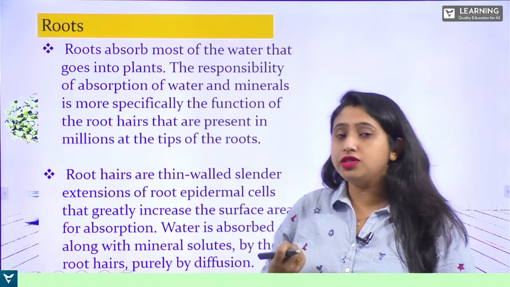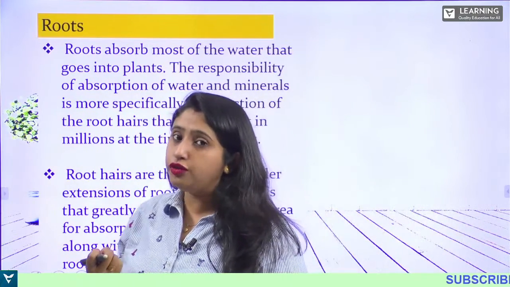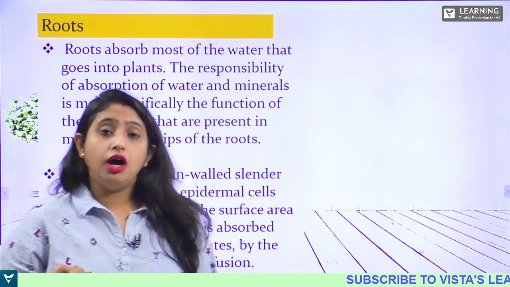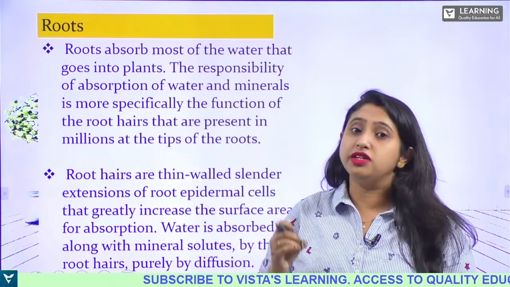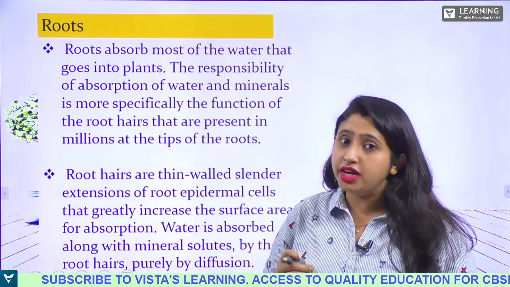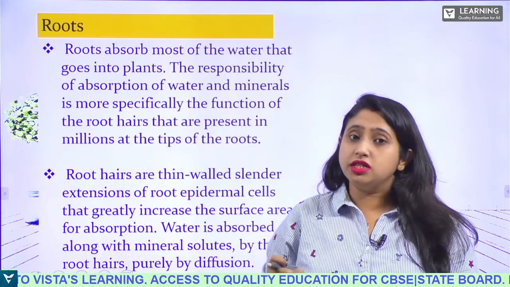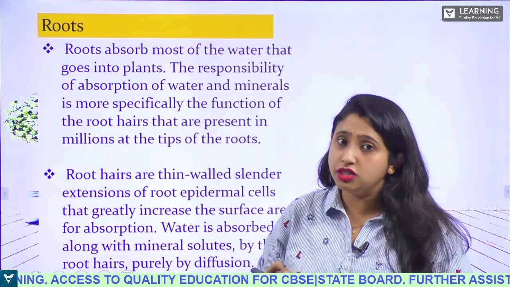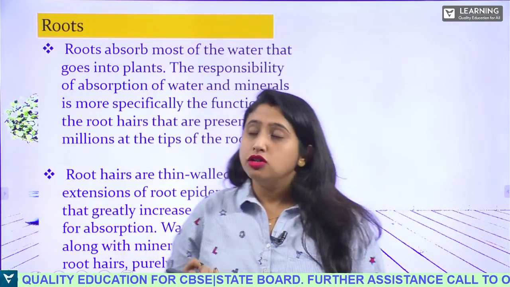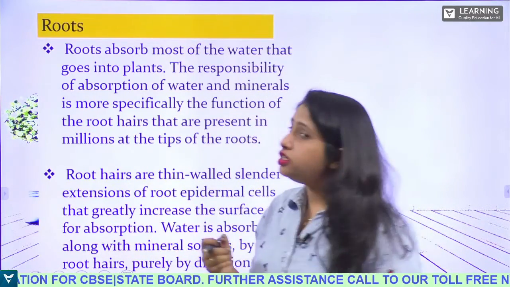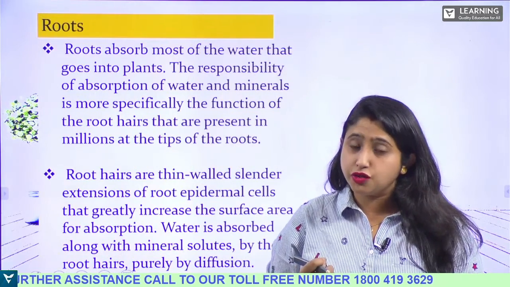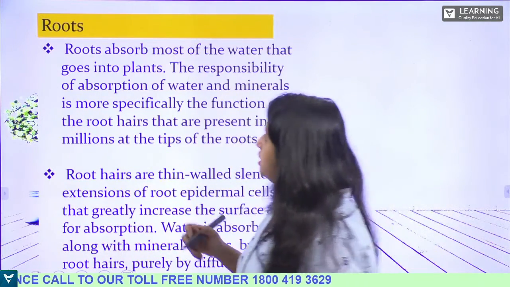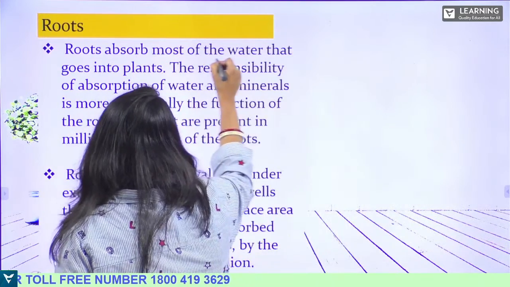So now let us see what roots are. You have already studied the root and its structure, right? You have seen that the root consists of various root hairs, the root tip, the meristematic region, in the anatomy of the plant, when you studied chapter number 6. So, roots are responsible for absorption of water and minerals from the soil.